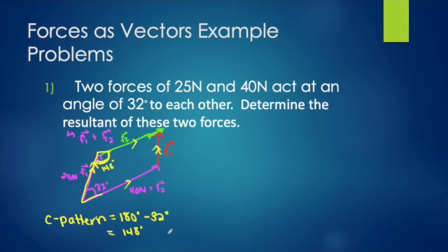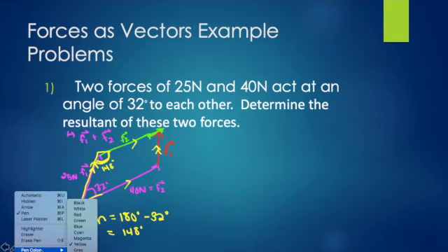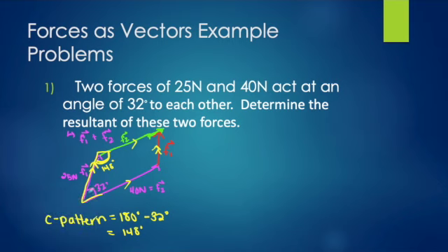Okay, and then you can use your cosine law to figure out this resultant force here that is going to go through our parallelogram. Okay, so if you want to draw it separately because it's getting a little too busy for cosine law, this is essentially what you have right now.